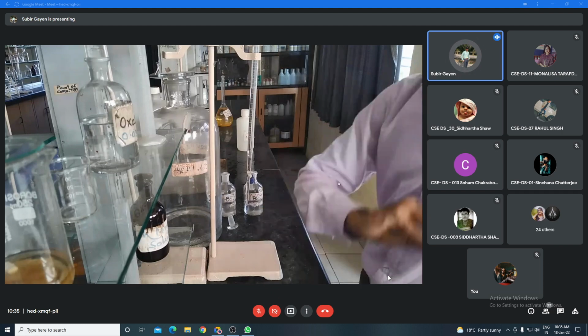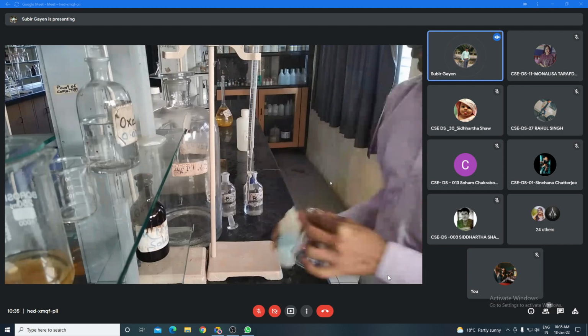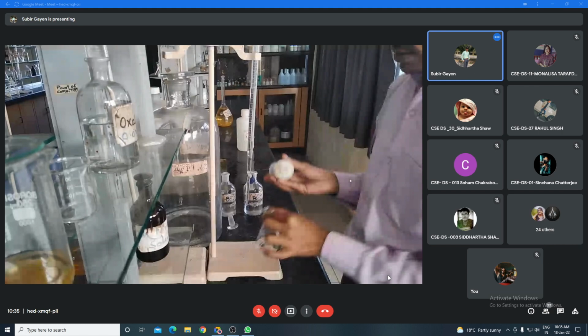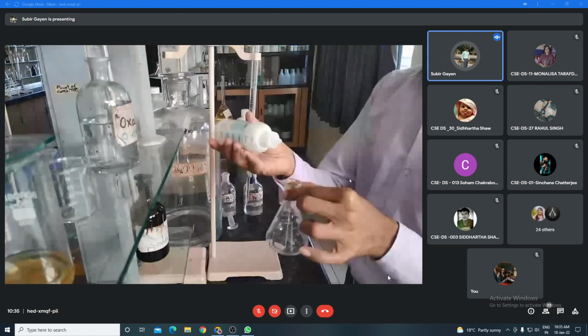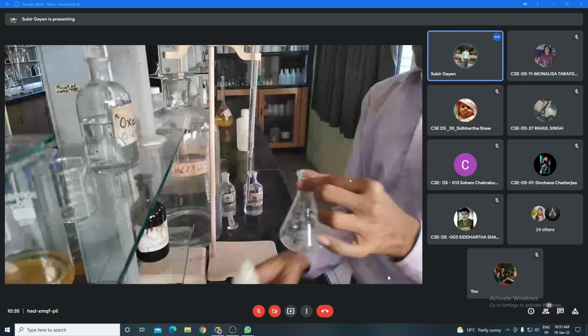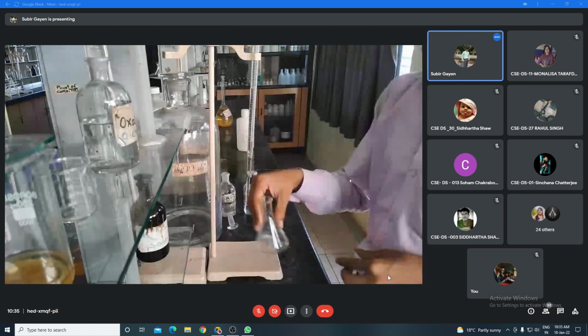Now I will add the indicator, that means the alkaline indicator. I will add just 1 drop. Okay. Now I will titrate this solution with sodium hydroxide.